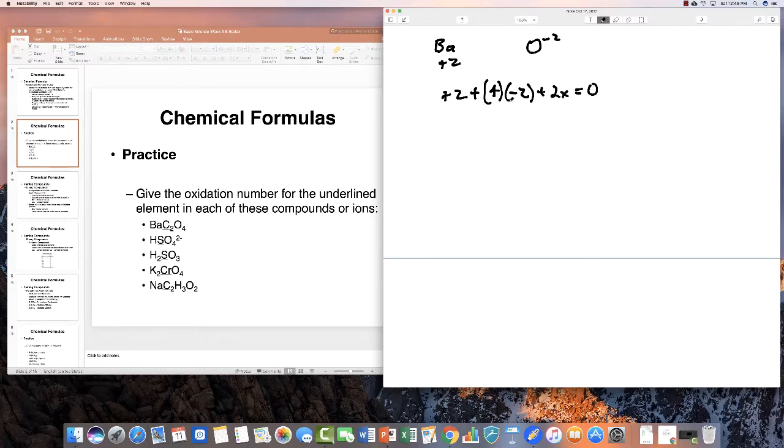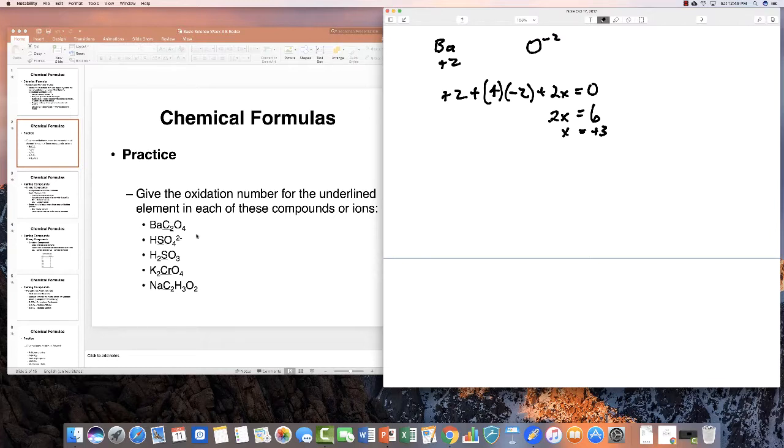So that's +2 minus 8, which is -6. If we pull that 6 over, 6 is equal to 2x, so x has to be +3. So carbon in this case is +3. Now you see that it's a 4A element, and you would think that it would be +4. Sometimes it's -2. But in this particular case, it is +3.